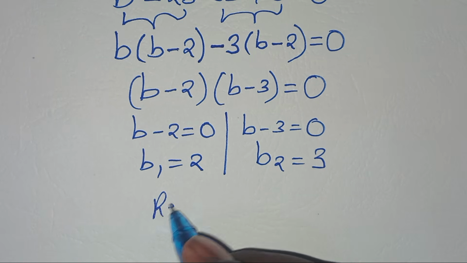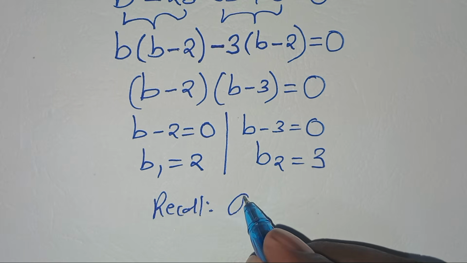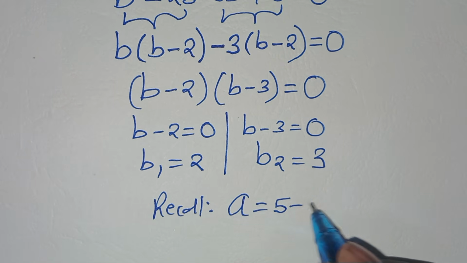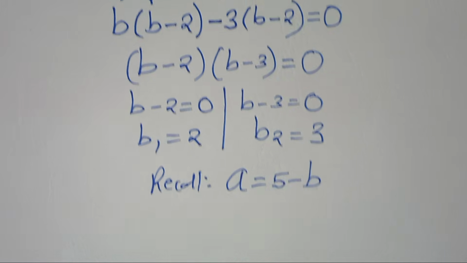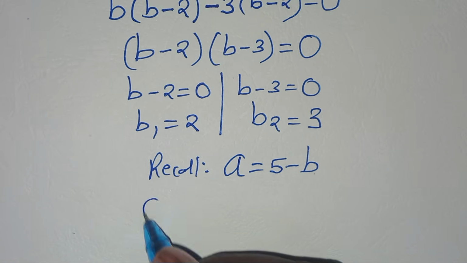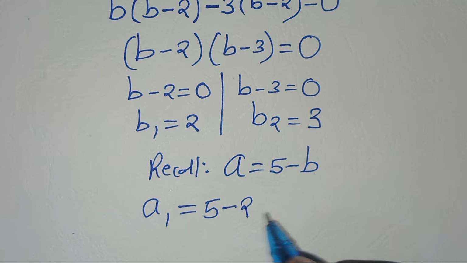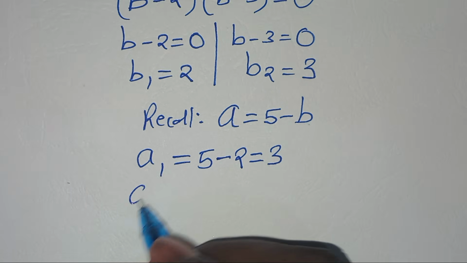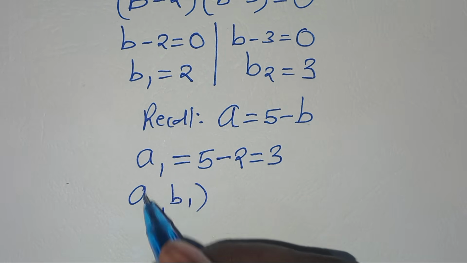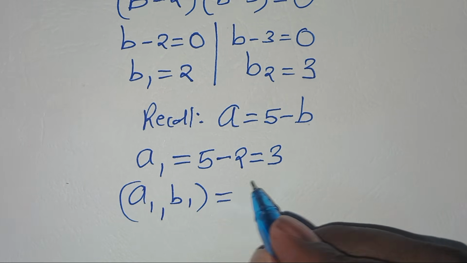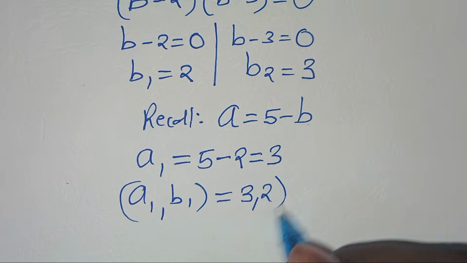If you recall, we have that a is equal to 5 minus b. So we can solve for a1. We have a1 is equal to 5 minus b1, which is 2, and this is equal to 3. So we have a1 comma b1. This is equal to 3 comma 2.